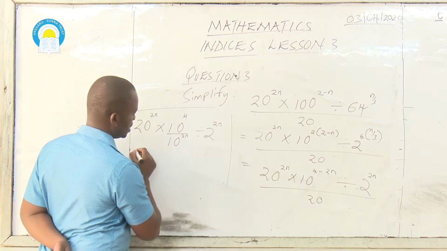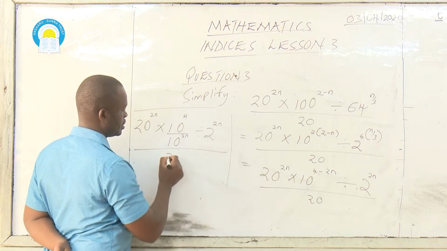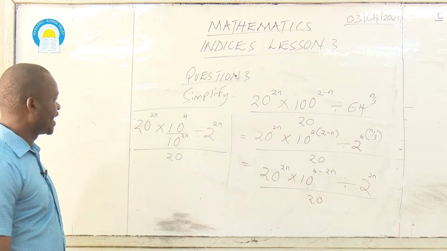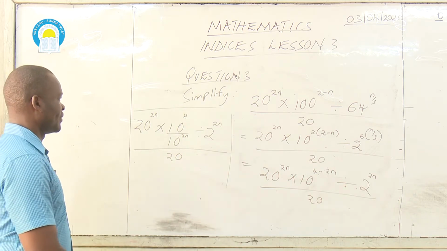We'll have that over 20. Now from here, how do we proceed? This is how we proceed.